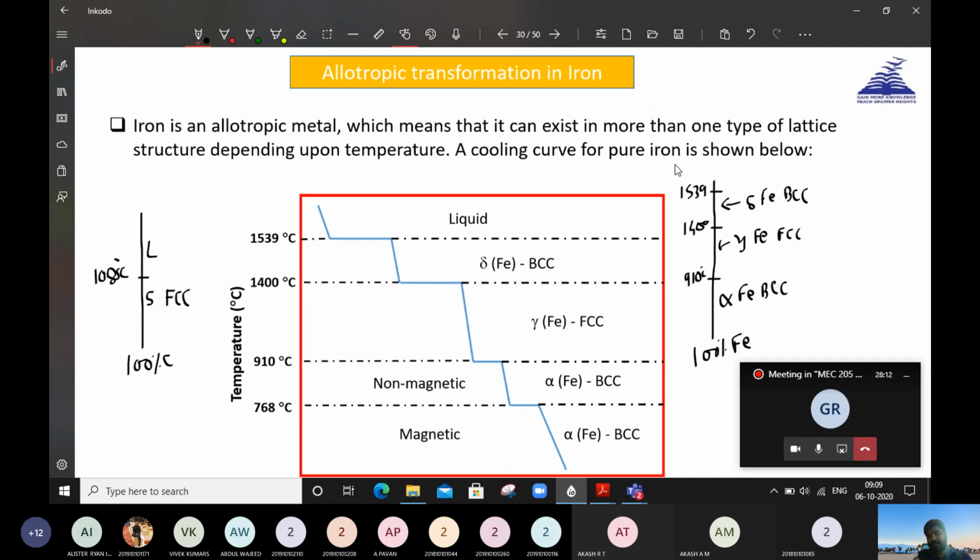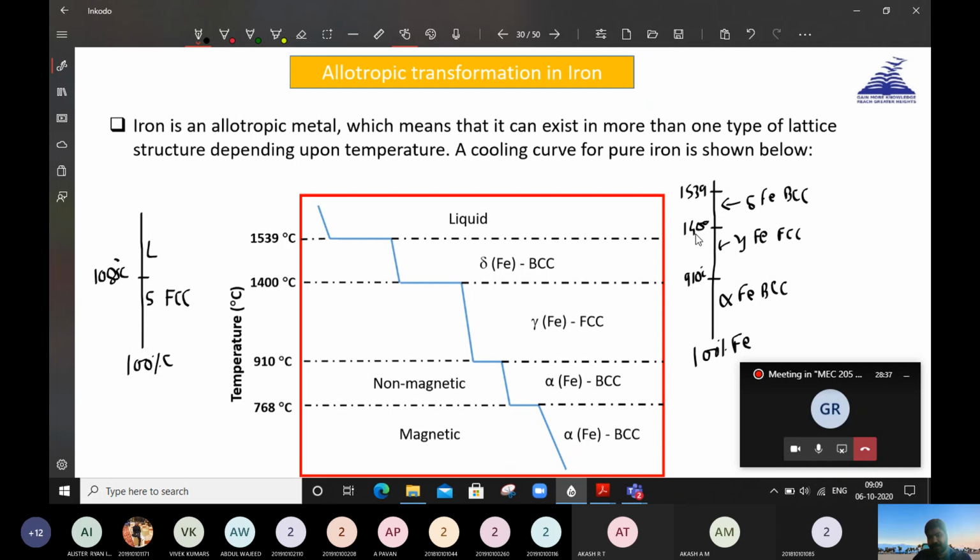So this is the very beauty of iron. That's why it is written here that iron is an allotropic material. It means it can exist in more than one type of lattice structure depending upon the temperature. As we raise the temperature, the transformation takes place. Up to 910 degrees Celsius, the iron is in the alpha phase, that is BCC structure.